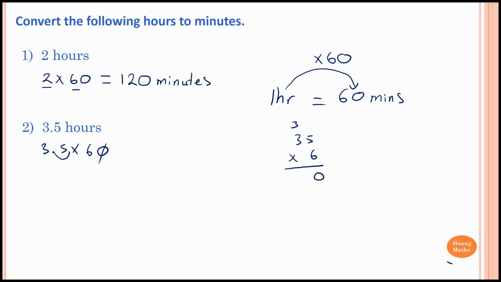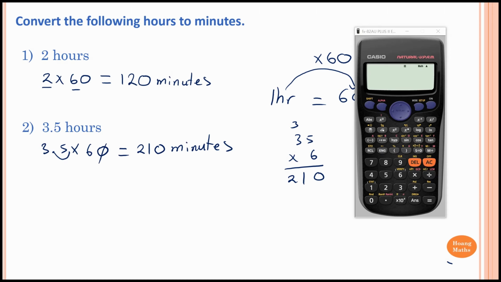We carry 3, and 6 times 3 is 18, and add 3 is 21. So the answer is 210 minutes. Or you can just use your calculator, 3.5 times 60, which is 210 minutes.